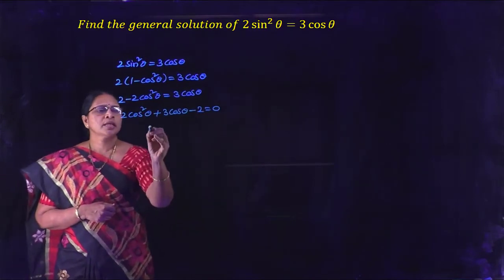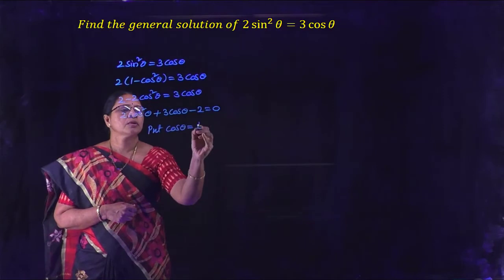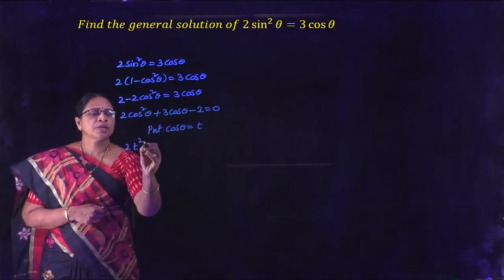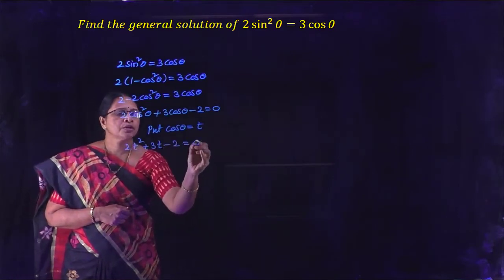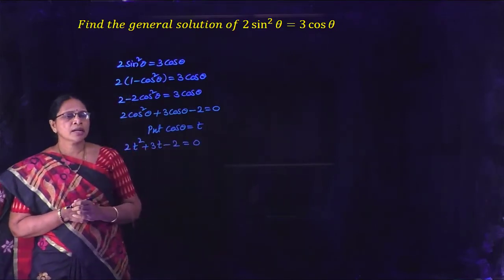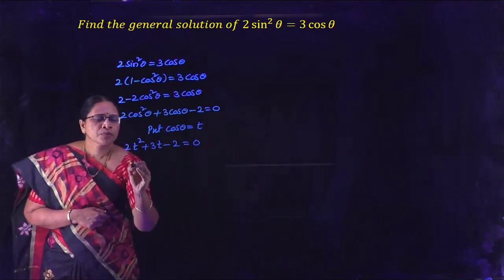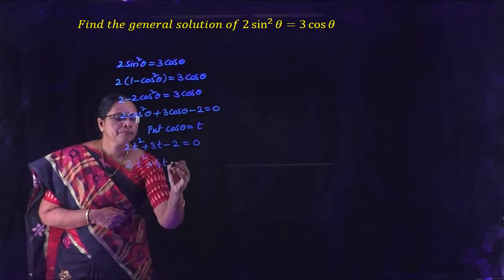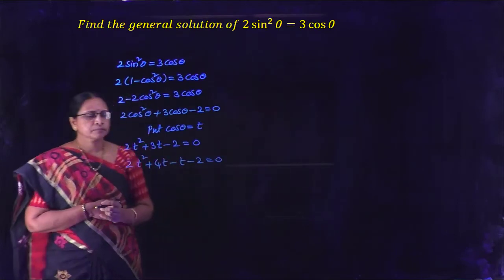Put cos theta is equal to t. The given equation becomes 2t square plus 3t minus 2 equal to 0. It is a quadratic equation in t. Factorize, we get 2t square plus 4t minus t minus 2 equal to 0.